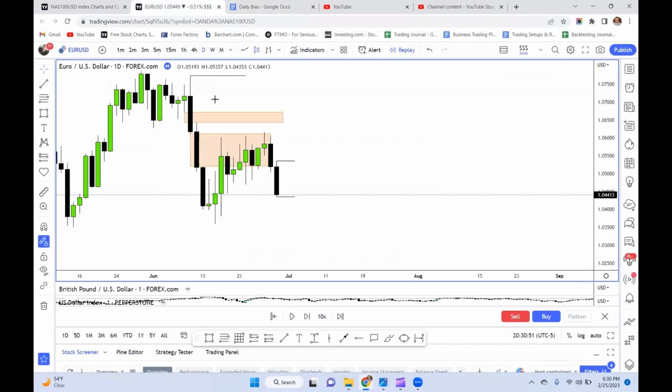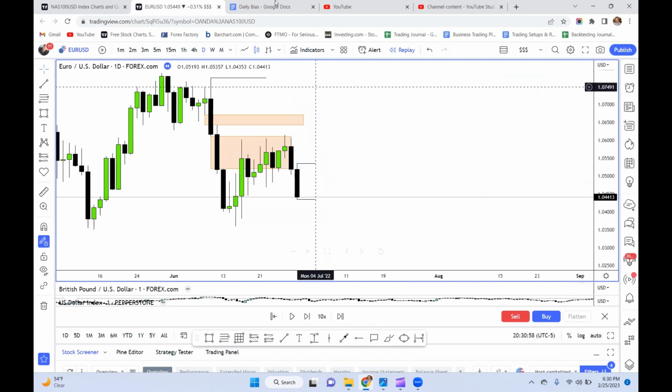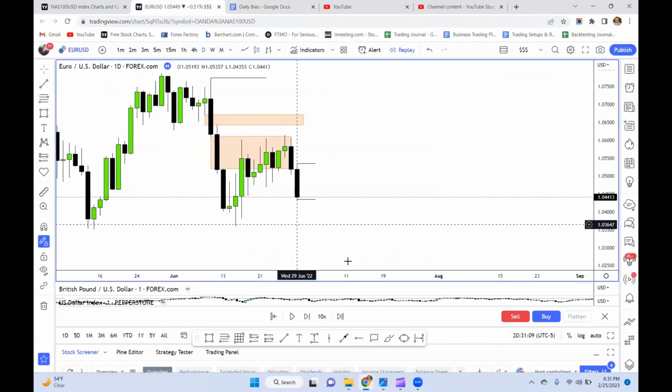So right now, our bias is now bearish since it is expanding to the downside, it is spooling to the downside. So we want to mark out obvious swing levels and fair value gaps for price to target in its current phase. This is your draw on liquidity and your daily bias.